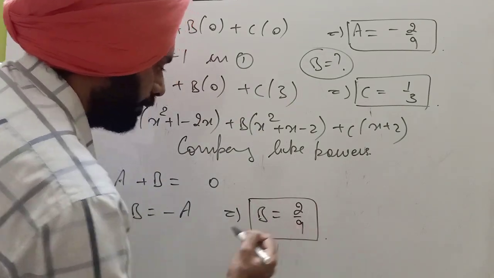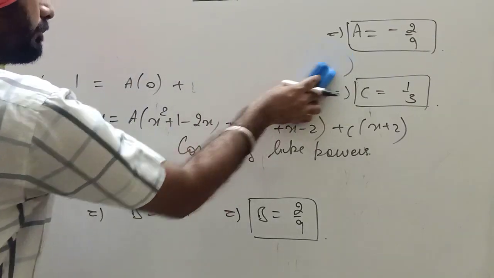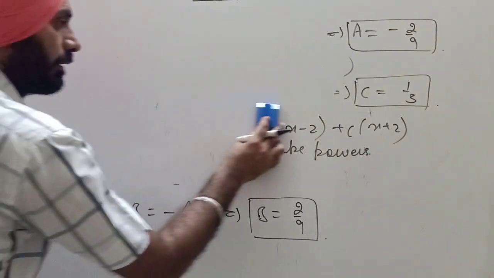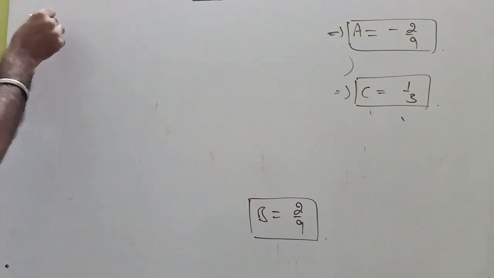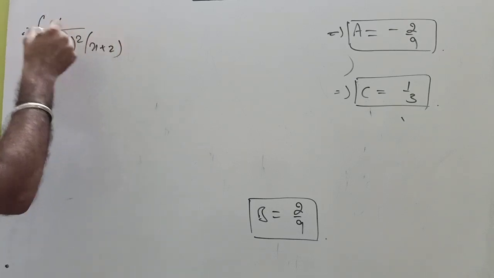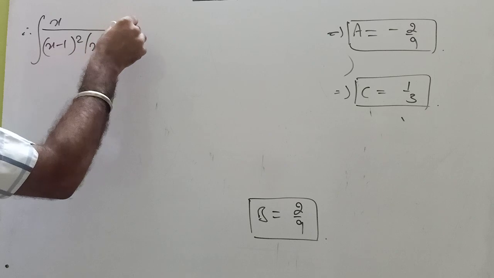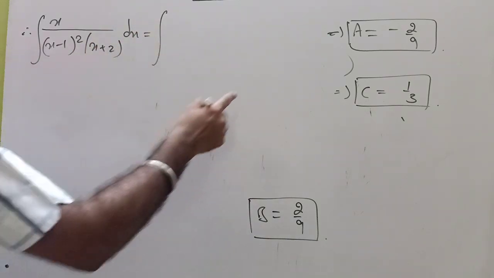So we have found all the values A, B and C. Therefore our question becomes: the question was x by (x minus 1) whole square into (x plus 2). So this is equal to A over x plus 2. What is A?